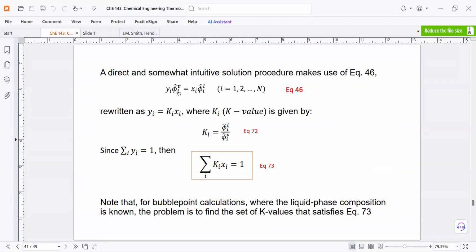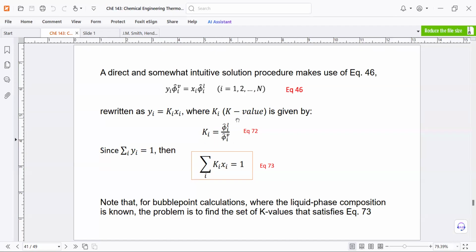Therefore, if we transfer x sub i to the left-hand side of the equation, that would equal K sub i. And therefore, K sub i now is the ratio between the fugacity coefficient in solution in the liquid phase and the fugacity coefficient in solution in the vapor phase of species i. Again, I just used the definition of K value, which is the ratio of y sub i over x sub i, and I plugged it into the equation, and that gave me this ratio.